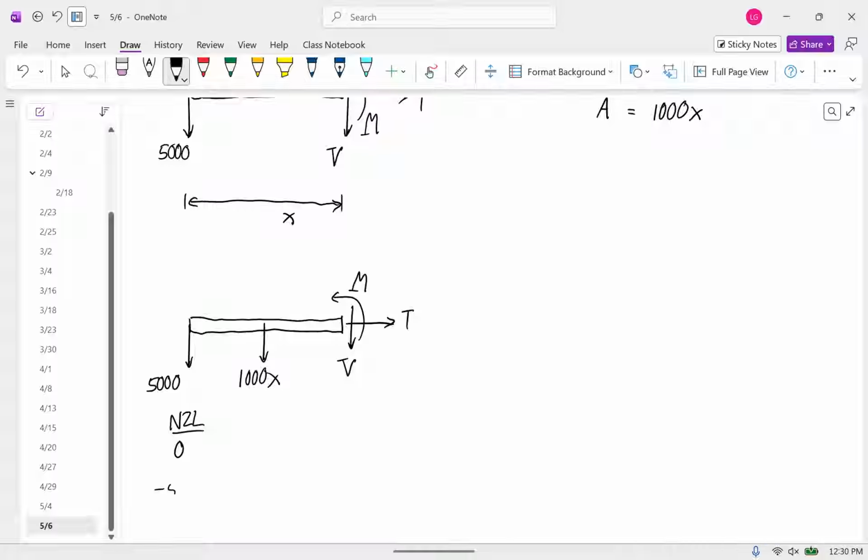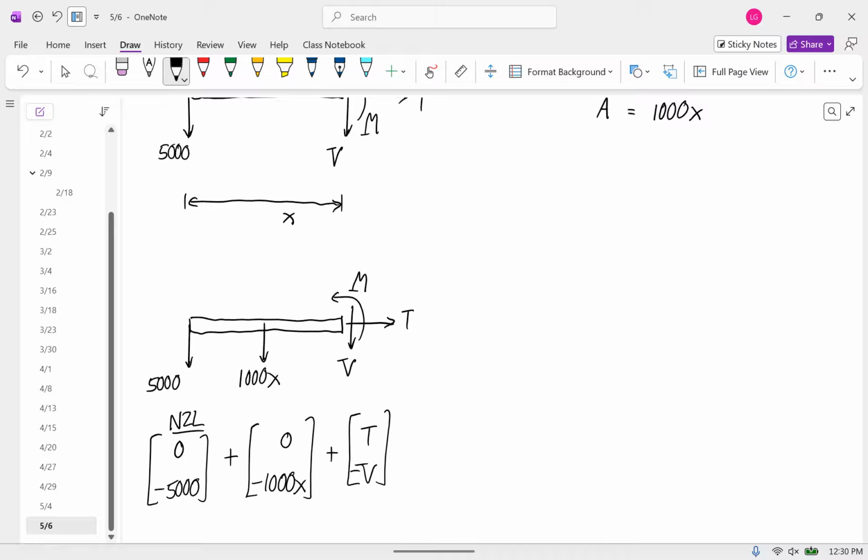So 0, -5,000, plus 0, -1,000x, plus t, -v is equal to zeros. And so t is equal to 0, and v is equal to -1,000x minus 5,000.